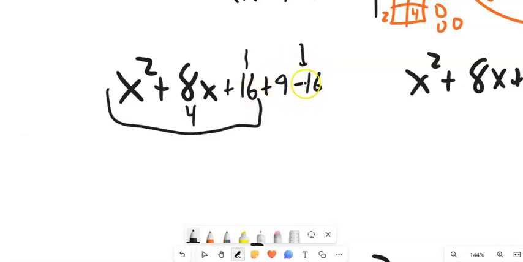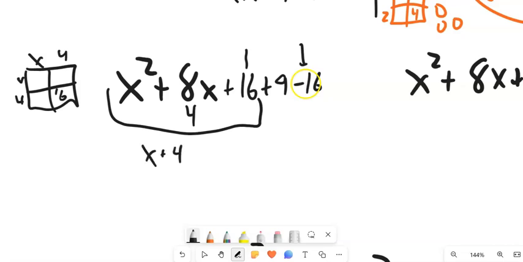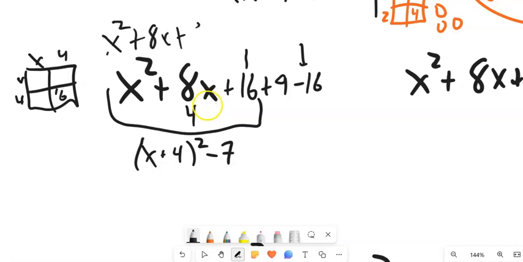This part, that's my square. x plus 4 squared. 9 minus 16, that's negative 7. Right? What I had originally was 9. I could fill in 9 of these spots, I'm 7 short. So this collection of tiles, x squared plus 8x plus 9, is 7 short of that square.